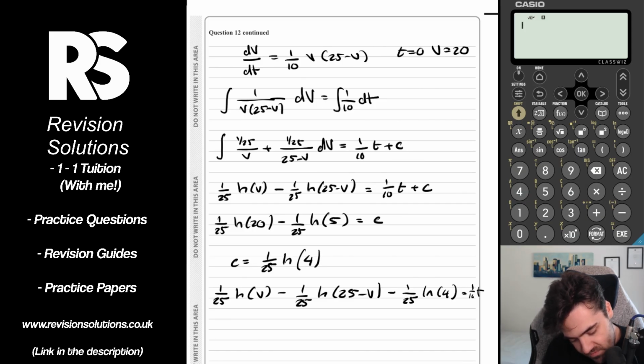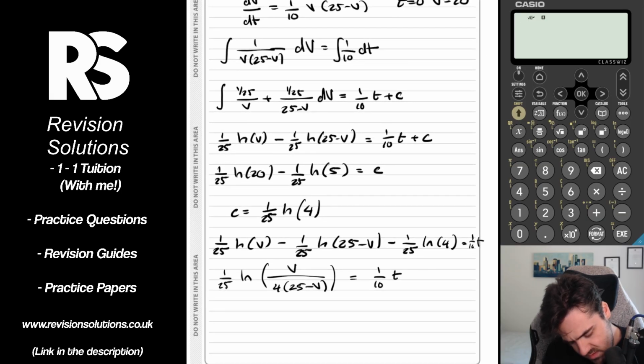Then if we take out the 1 over 25 from all of this, we can combine all these logarithms. It would be the natural log of v over 4 times (25 minus v), and that's equal to 1/10 t. Then let's simplify that again.